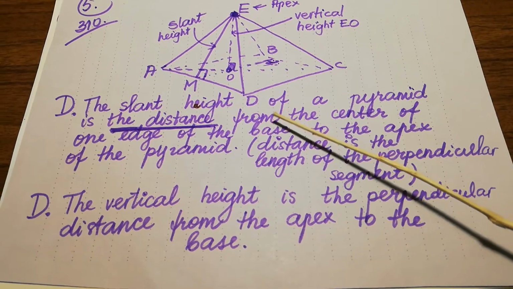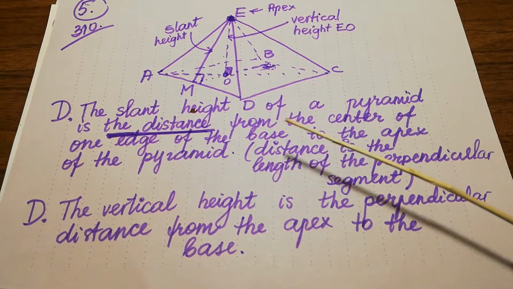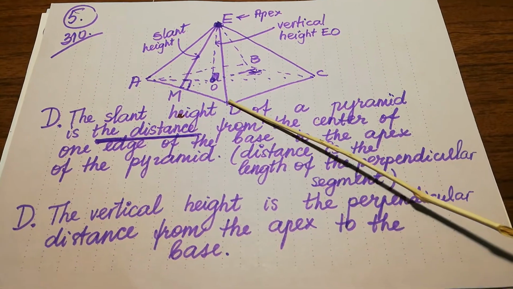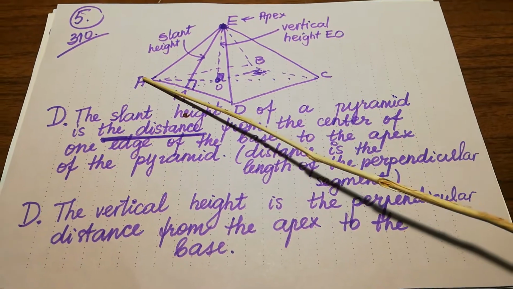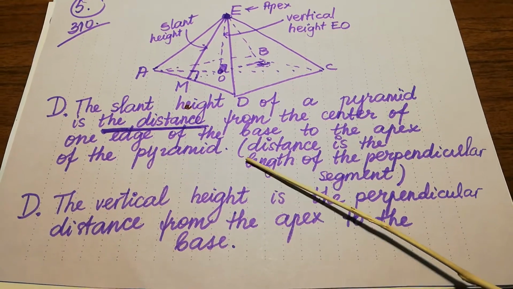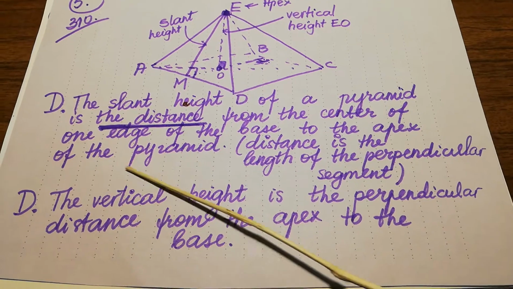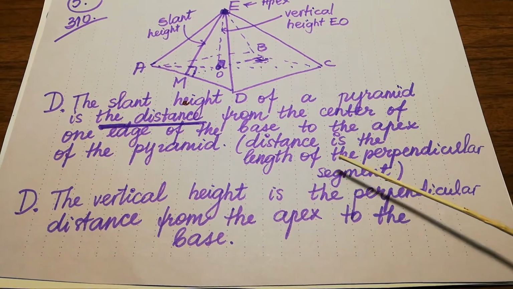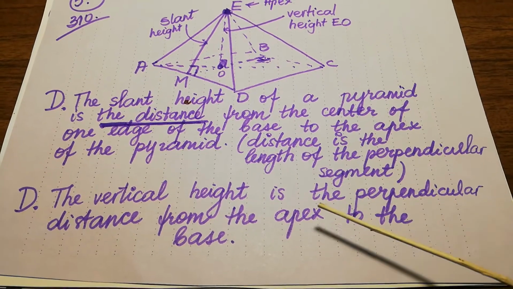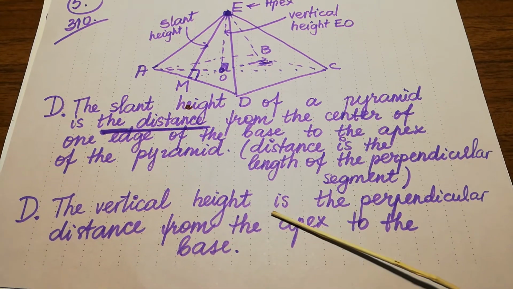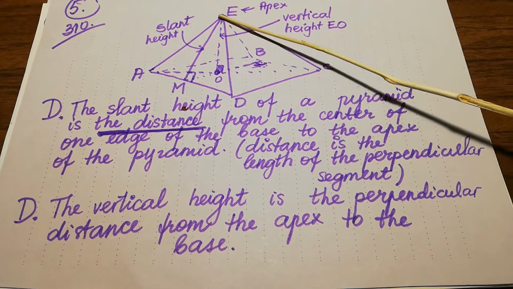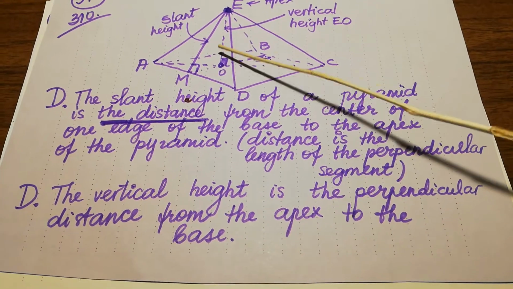The slant height of a pyramid is the distance from the center of one edge of the base, and these are edges, all EC, ED, AD are edges, of the base to the apex of the pyramid. And let's explain, the distance is the length of the perpendicular segment. The vertical height is the perpendicular distance from the apex to the base. This one is the vertical height.